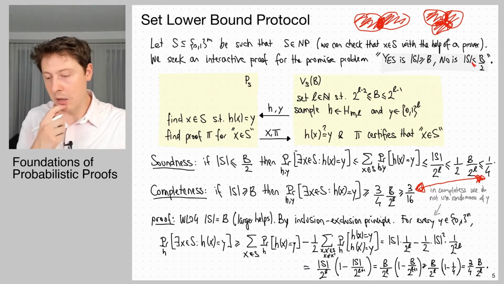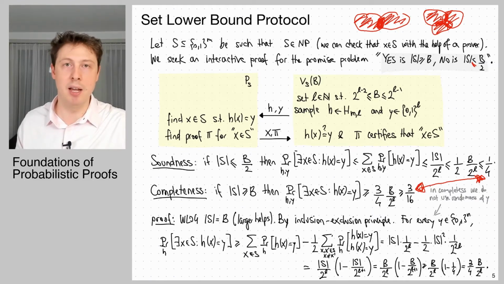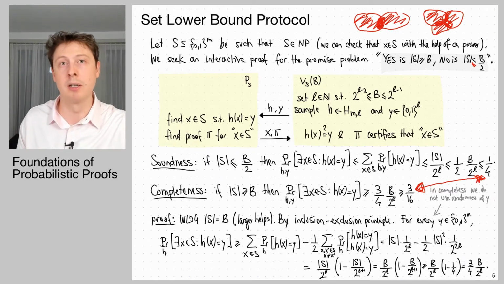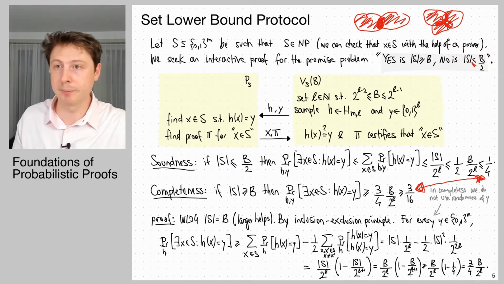This is something we're not going to look at carefully in this course. If you want to read up on this, you can look at how you amplify or reduce error bounds for BPP algorithms. It is almost the same thing as this one. When you have two-sided error, you apply majority rule rather than the all-accepts rule. When you have one-sided error, then it's okay to accept if and only if all executions accept.